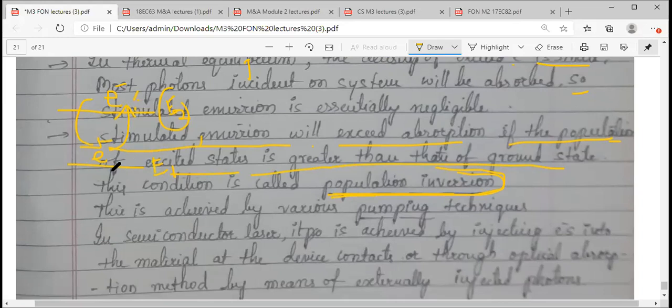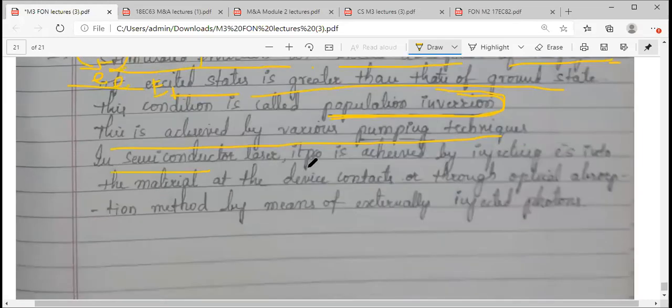How can you do this? Normally, in thermal equilibrium, they stay here. How can you achieve this? This can be achieved by pumping techniques. And in the semiconductor laser, which we will be studying now, it is achieved by injecting the electrons into the material at the device contacts. Or we can even use the optical absorption method by means of externally injected photons.